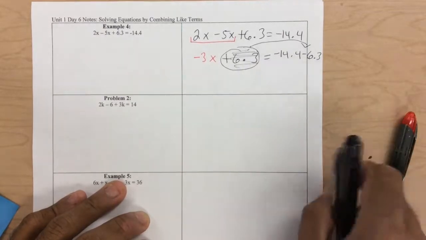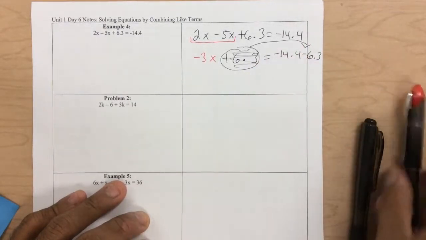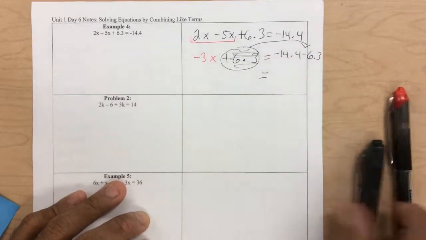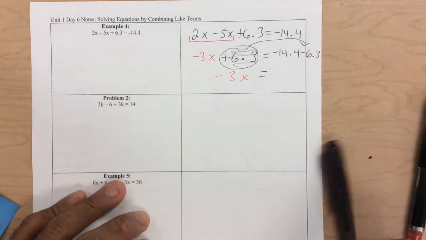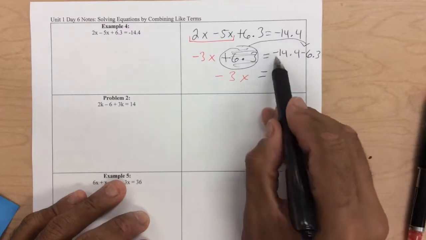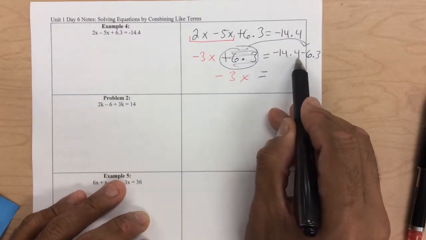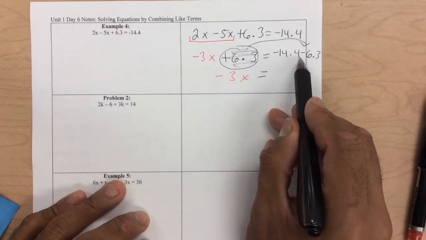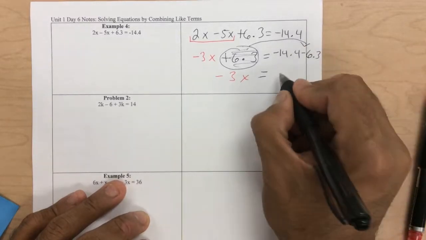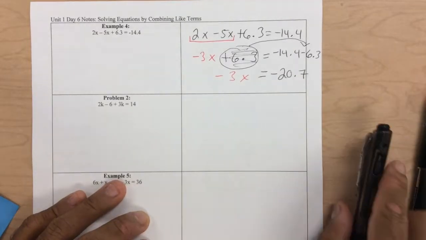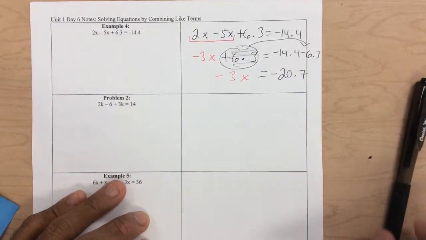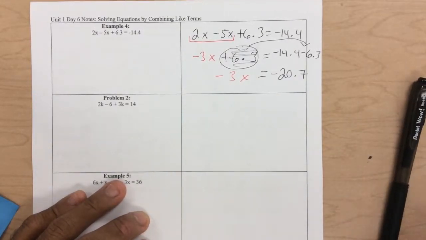So this is gone. So on the left side of that equal sign, I have negative 3x. And on the right side, I have to do negative 14.4 minus 6.3, which gives me negative 20.7. Now, step 4, move the coefficient.